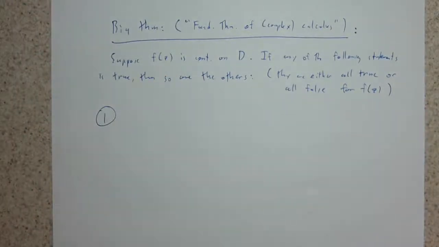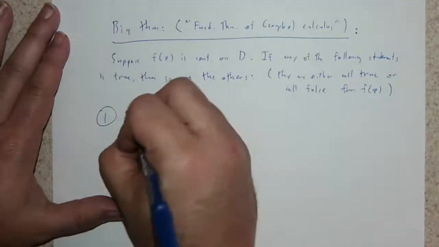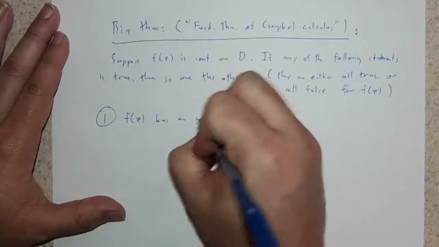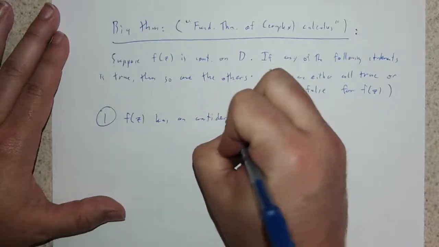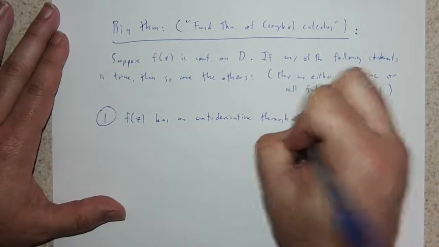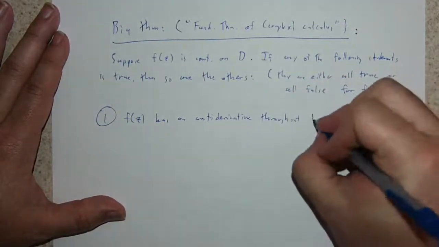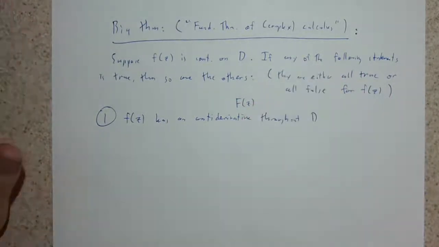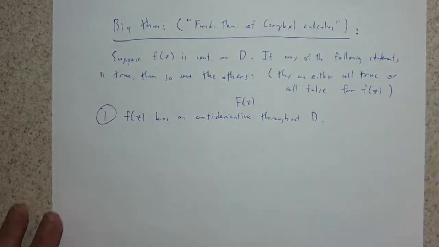Condition 1: f of z has an antiderivative throughout the domain D. We'll call this antiderivative big F of z. Now, there are plenty of continuous functions that do not have antiderivatives. This is exactly why integrating was hard in calculus.